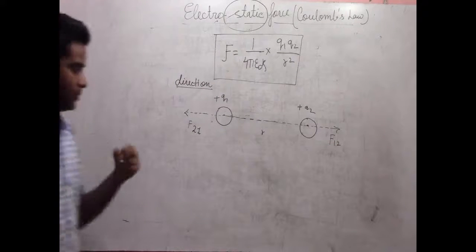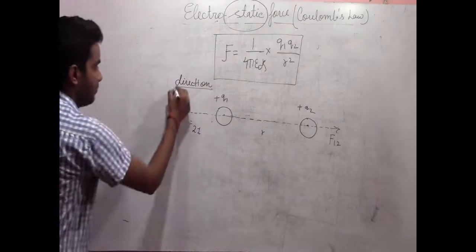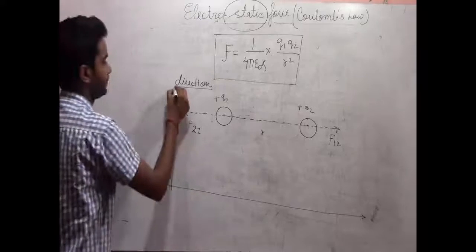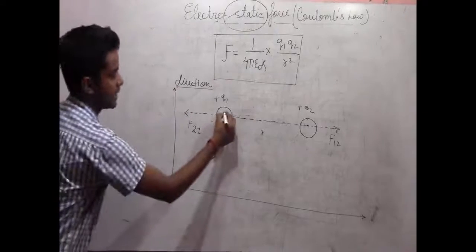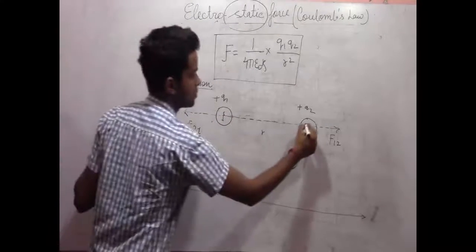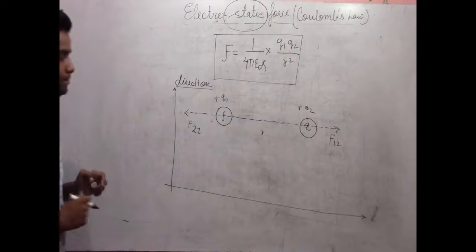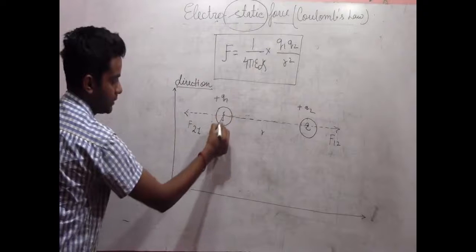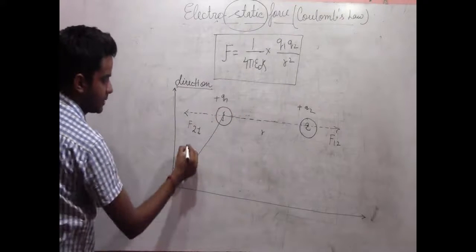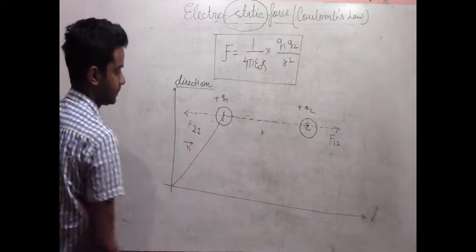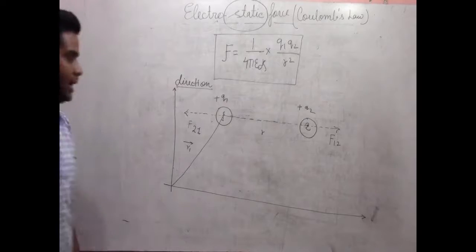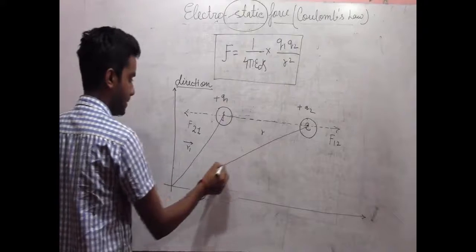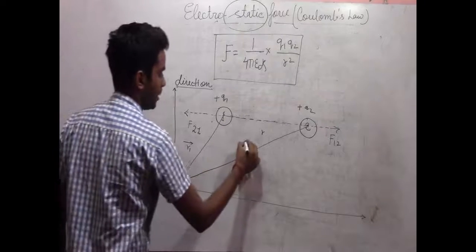Next thing. This is charge Q1, suppose this is 1, this is 2. On the graph, the position vector of this charge is vector R1, and the position vector of this charge is vector R2.